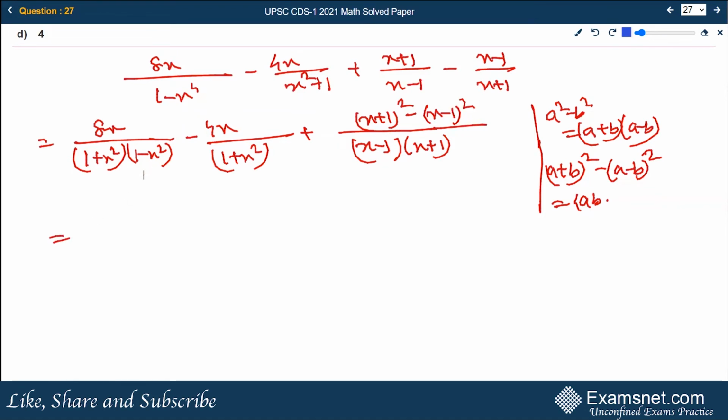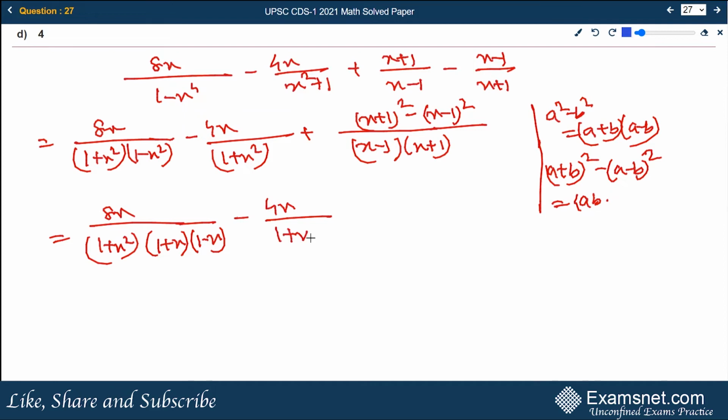Further, this 1 minus x square I can break as 1 plus x times 1 minus x with the help of the a square minus b square formula. So it will be 1 plus x square plus, now as you can see, a plus b whole square minus a minus b whole square is there. So I can write 4ab, that is 4x, and it will become x square minus 1.